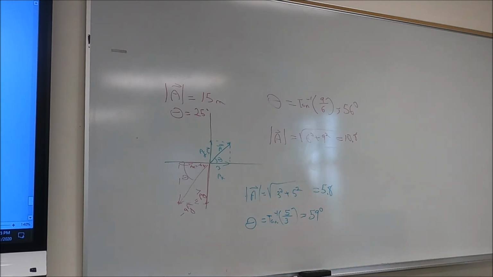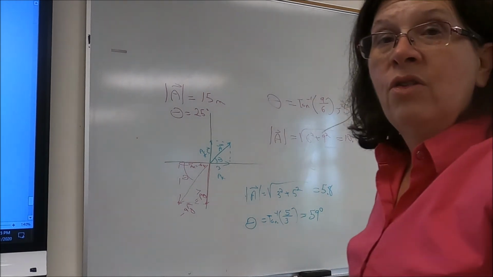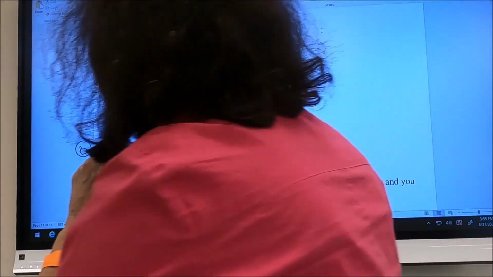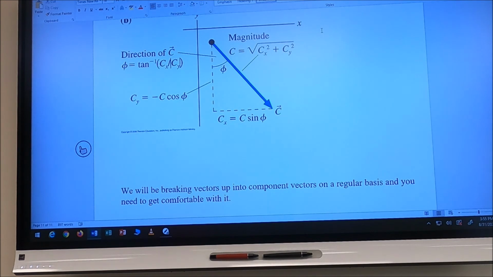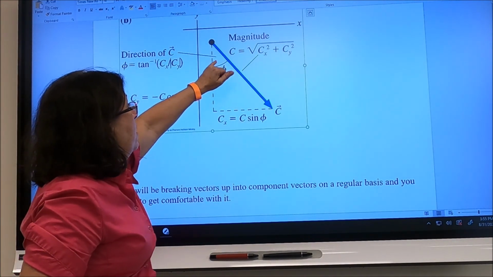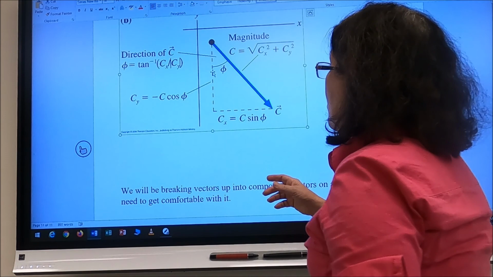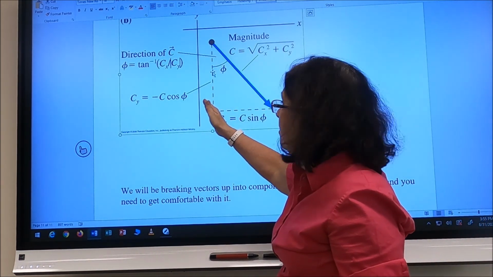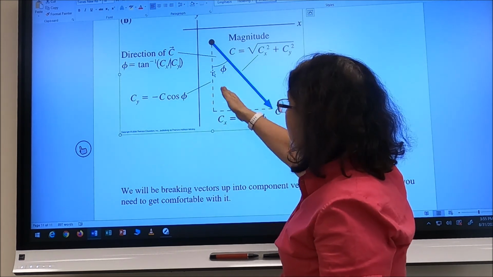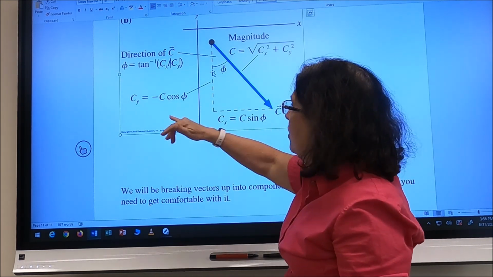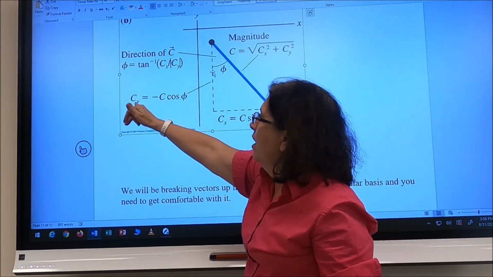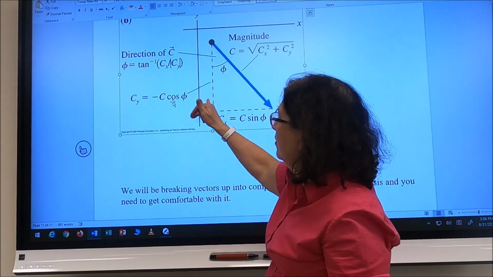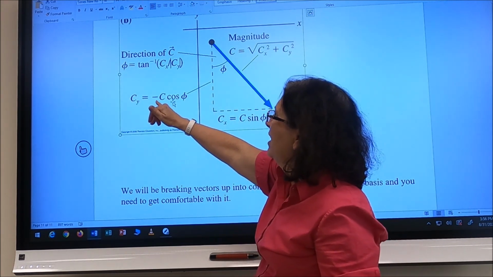Okay? Now, just so that we make sure that we understand, sometimes you might want the angle off the y-axis, okay, the angle phi. And if we want the angle phi, now our adjacent leg of the component vectors is the y-axis. So the magnitude of c sub y is going to be negative, well, c sub y, and they really didn't draw this in.